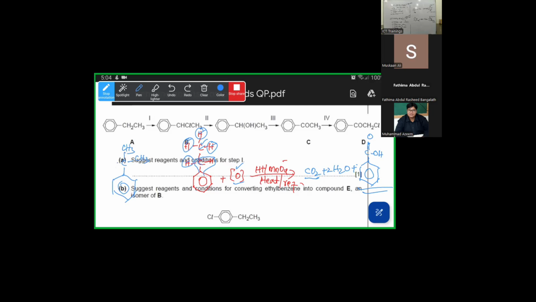Uzair, you were not present in my previous lecture as well, so you should also see the recording, then you will get to know how to attempt these questions. If you look at this carbon, my dear, it does not have a hydrogen attached directly to it. So this alkyl benzene cannot undergo the process of oxidation. Oxidation only happens when the benzene has a carbon attached with one hydrogen. Did you get it?